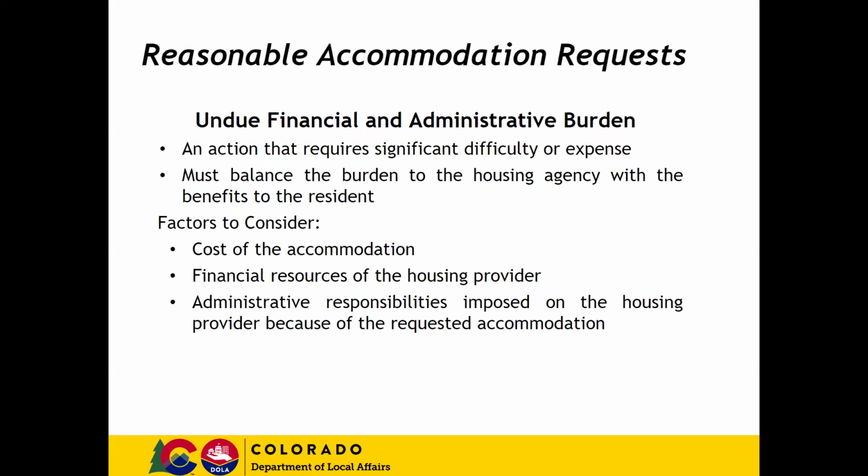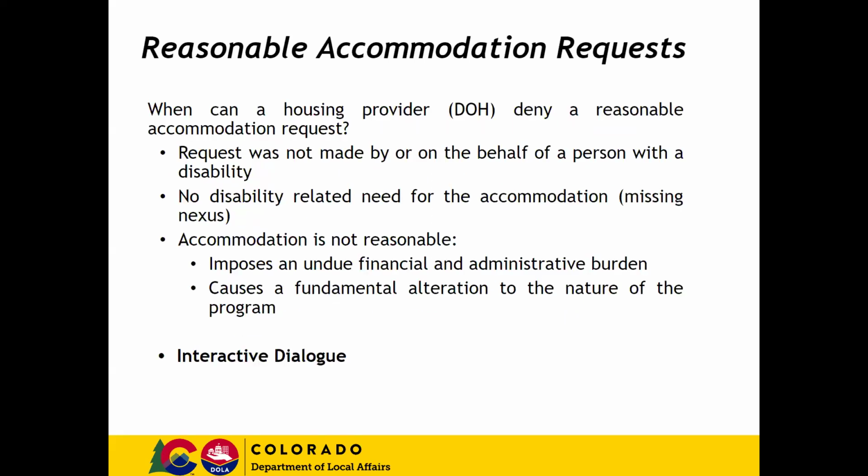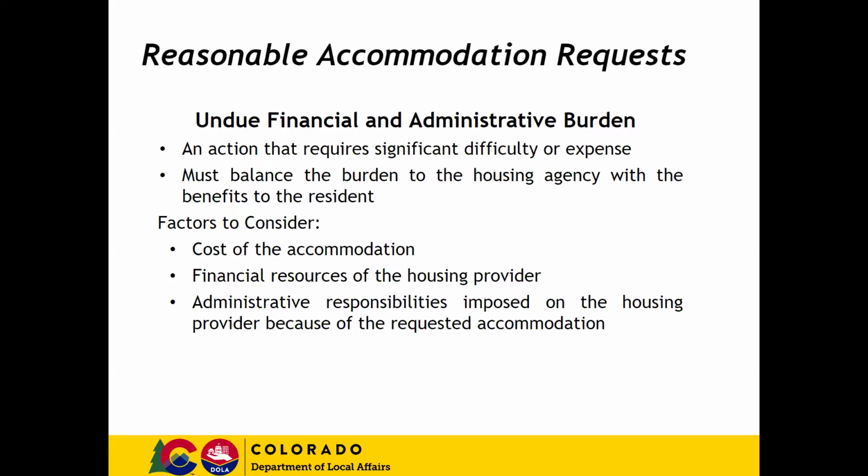So to back up, the two different reasons when we determine an accommodation is not considered reasonable. The first is if it causes an undue financial and administrative burden to the housing authority. This is an action that requires significant difficulty or expense. And then the housing authority has to balance the burden to the agency with the benefit to the resident.